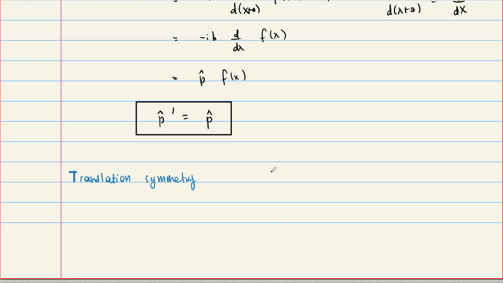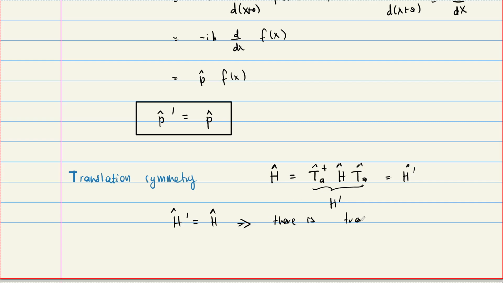If the Hamiltonian does not transform, like this H prime is equal to T_a dagger H T_a. Okay, this is what we call X prime or P prime, and in this case H prime. If H prime is equal to H, we say, okay, these are all operators, then we say there is translation symmetry.